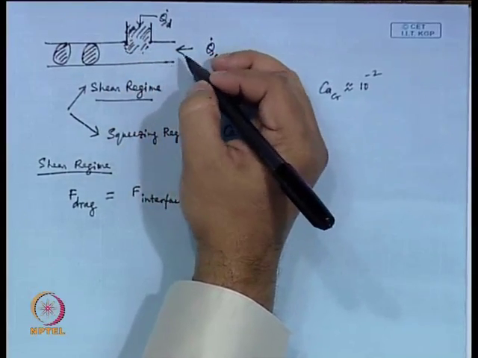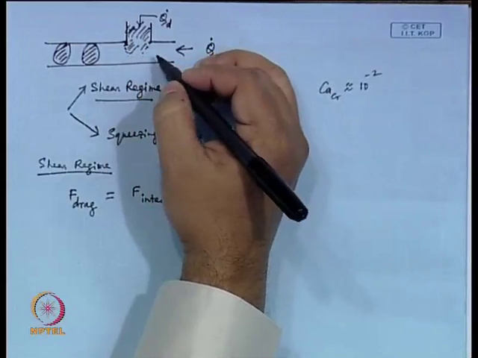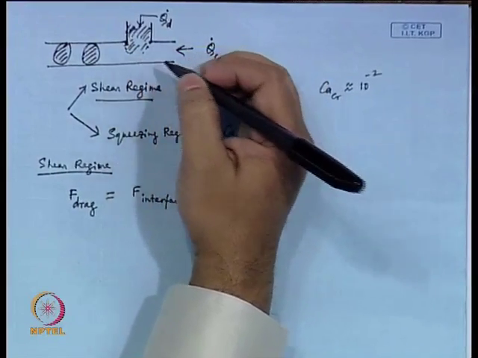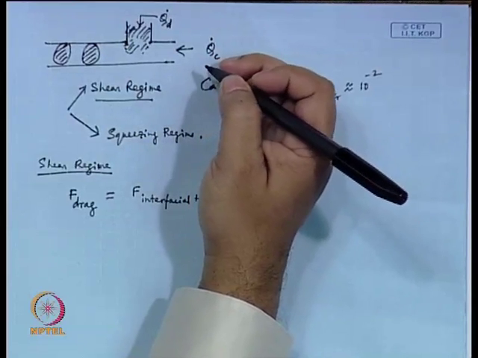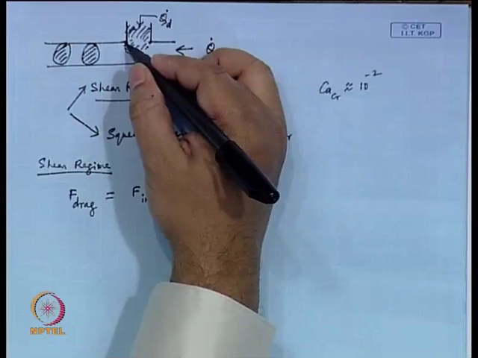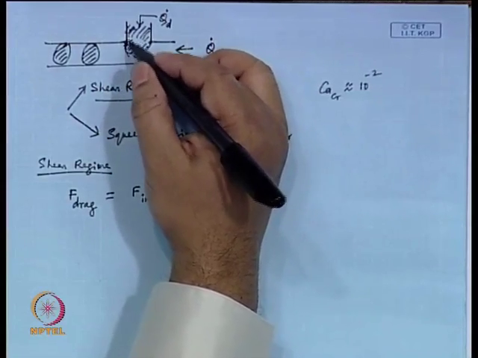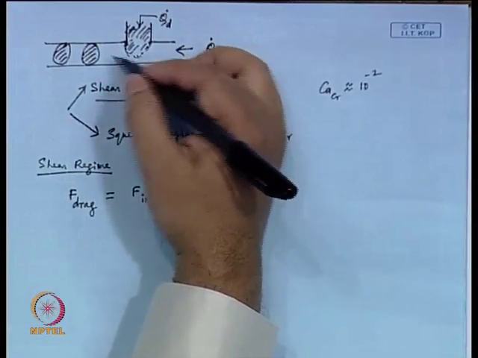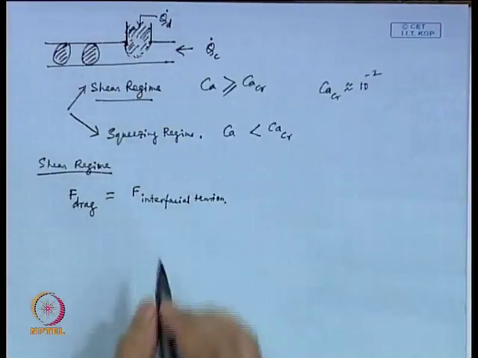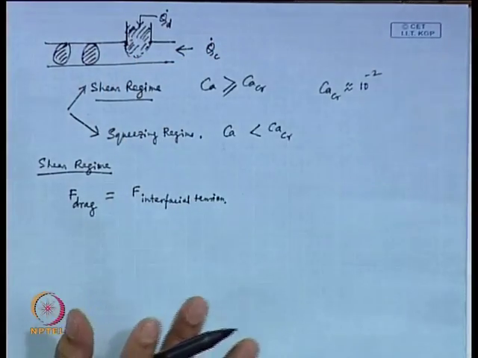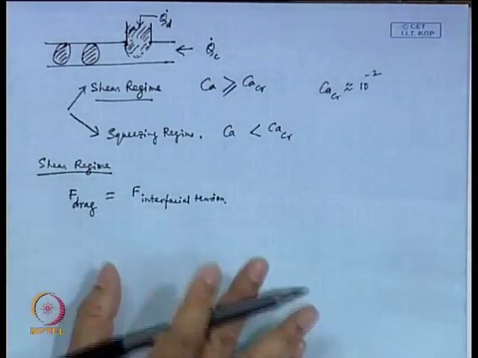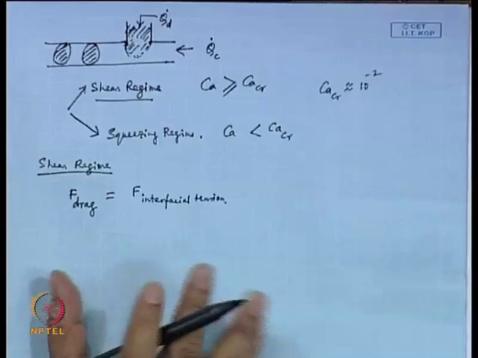So, when this drag force is more than the interfacial tension, that is the threshold point when this extended plume that has come out of this arm would detach, and then it will continue as a single droplet. So, F drag is equal to F interfacial. This is a quick way of finding what would be the diameter of the droplet.